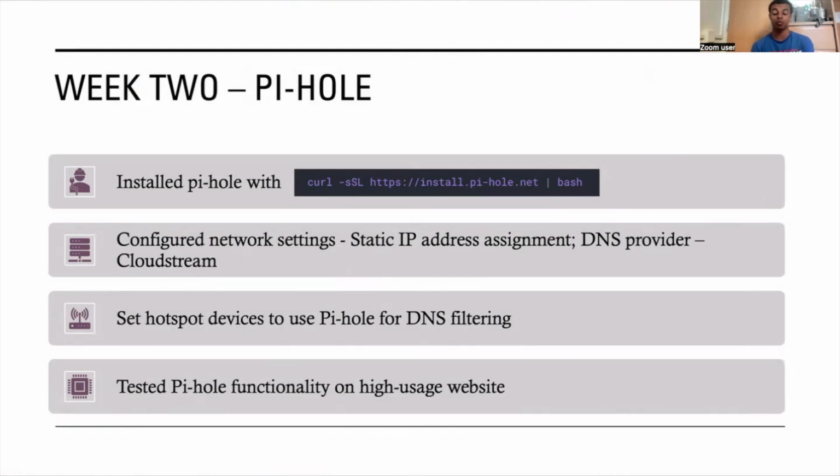The IP address was important to make static, as having only one IP address makes the process less complicated. Next, I set the hotspot devices to use Pi-hole for DNS filtering, which is utilized more later on. Then I tested the Pi-hole functionality on high-usage websites like CNN, and you will see later in the video how that played out.